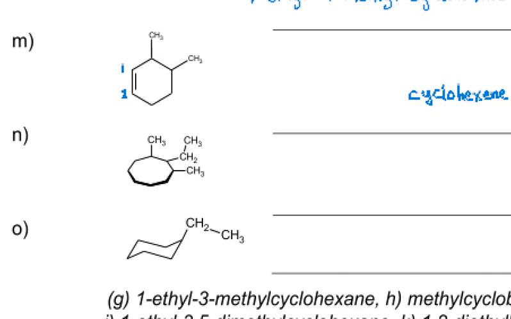That doesn't sound too good. Or, if we number in the other direction and make this carbon number 1 and this carbon number 2, then our methyl groups will land on 3 and 4, which is better, of course. So, this we would call 3, 4, di. Don't forget your di. 3,4-dimethyl cyclohexene.